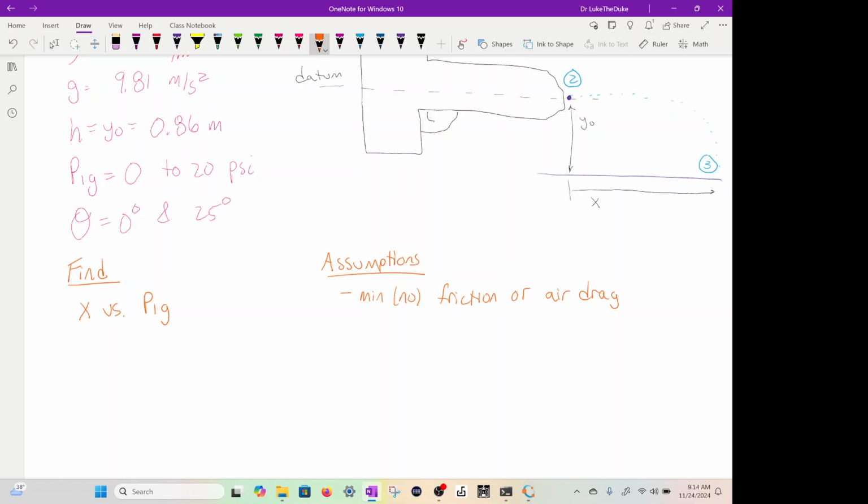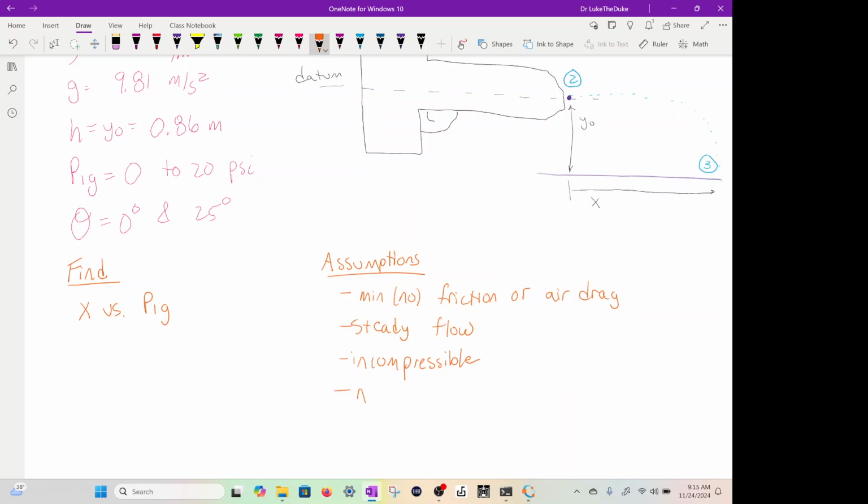Steady flow and incompressible. Again, we're treating this like it's going to continuously flow out of that squirt gun until it empties. But we're going to consider that as a continuous thing.